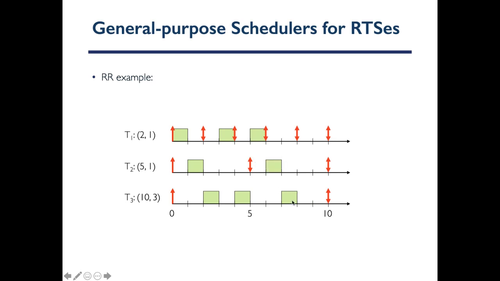Now we come back to T3. Now we have to go back to T1, but as you can see, we've already missed the deadline for this job, because in this period we were supposed to run a job from T1 and we were not able to meet that deadline. So by just running round robin, we easily missed the deadline for T1's job.